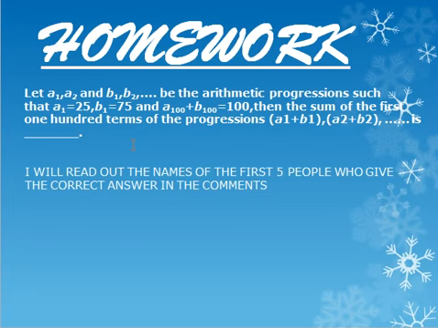Then the sum of the first 100 terms of the progression is, so this is your progression over here. You're going to find the sum of the first 100 terms, so that's S100.